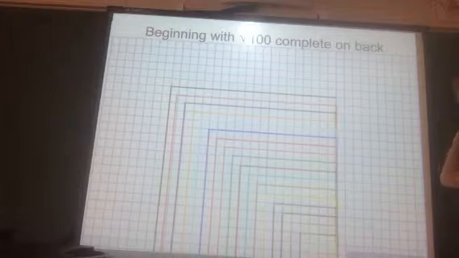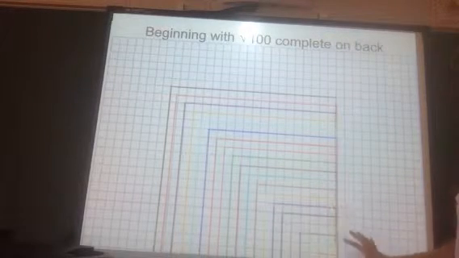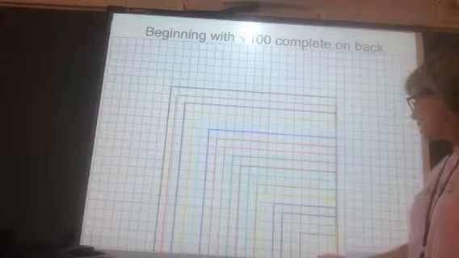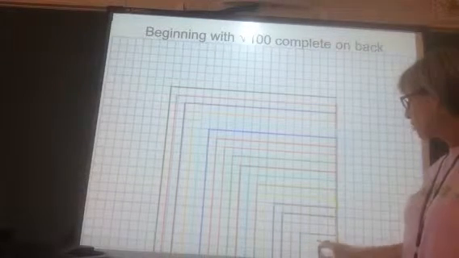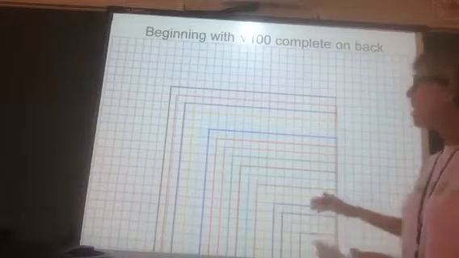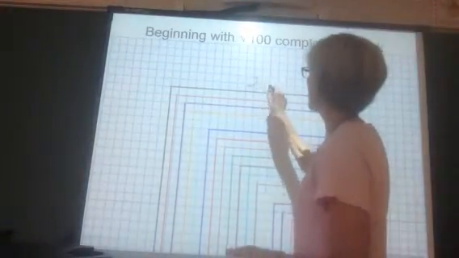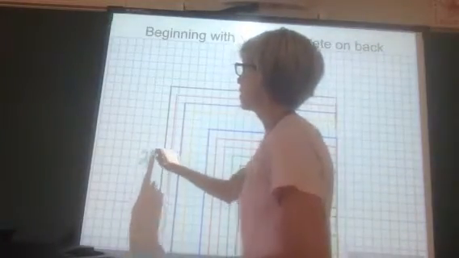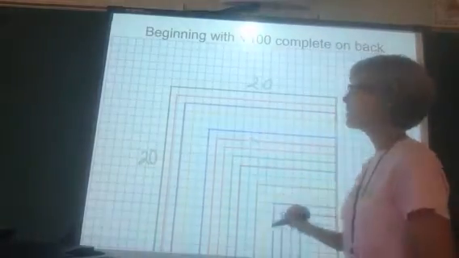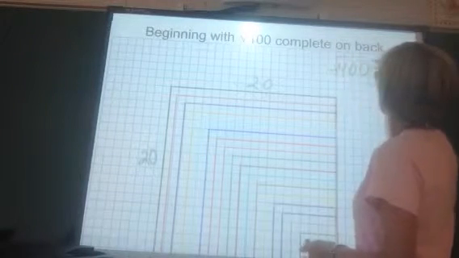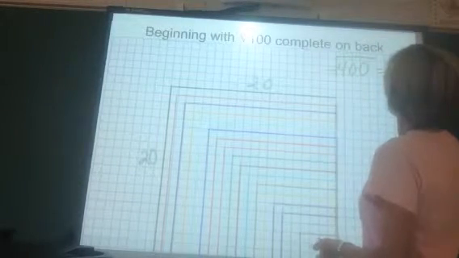You're going to have this example here, where you start with 1, then you draw a 2 by 2 square, a 3 by 3, a 4 by 4, all the way up till we get to a 20 by 20. And of course, 20 by 20 gives us 400. So the square root of 400 would be 20.